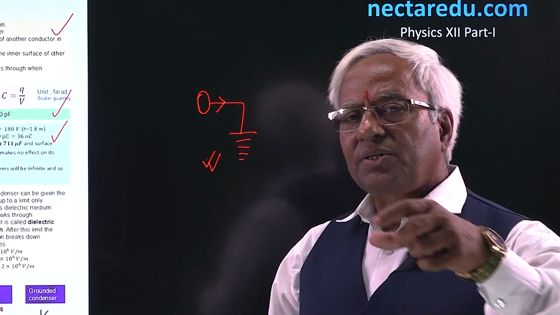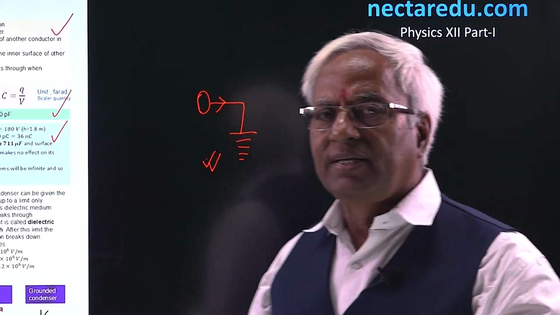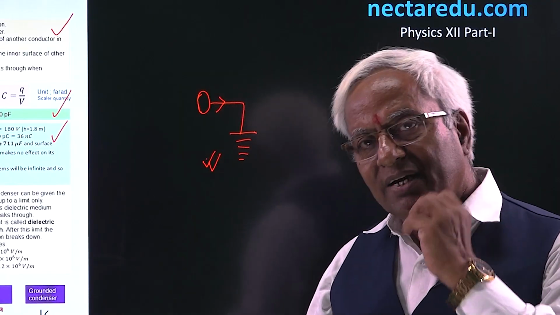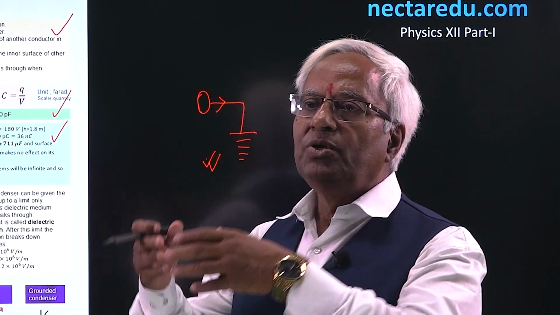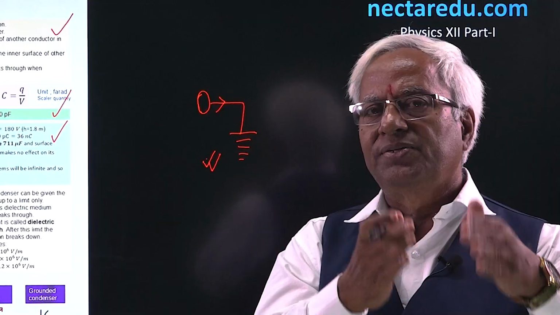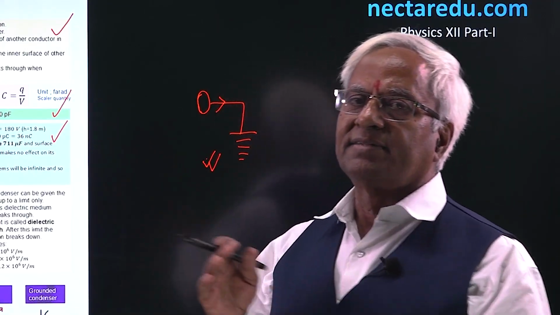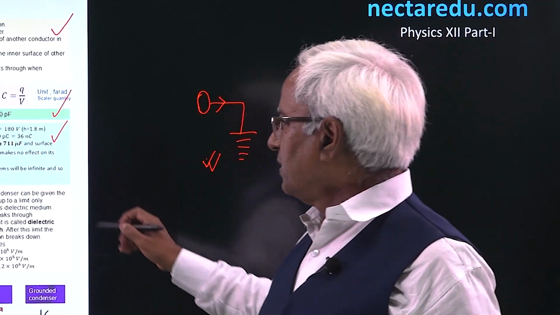If the charge is required in the case of deficiency or in the case of low voltage supply, then in that case the condenser is going to just make up the deficiency of the charge. So it can store and it can supply as well. Both the things are possible.